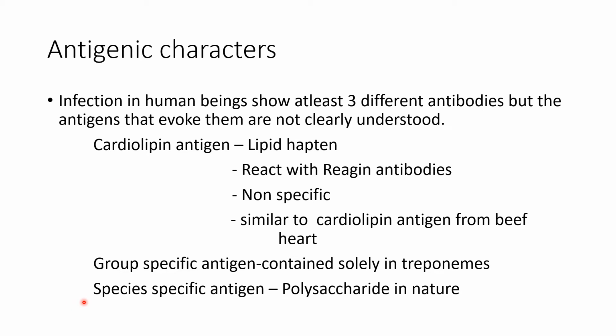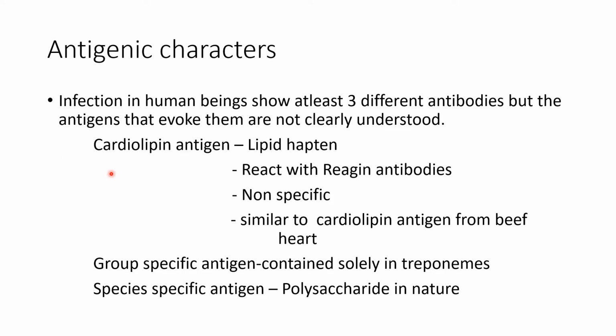Because when these antigens are injected in human beings, we could see the production of three different types of antibodies. So from that antibody structure, they have identified that there are at least three different antigens that could be present in this organism. What are these antigens?